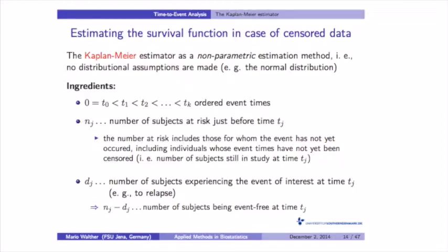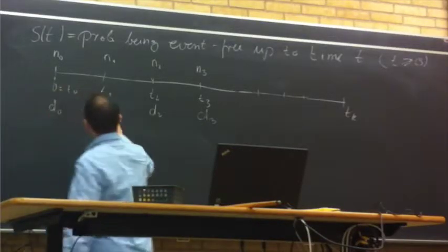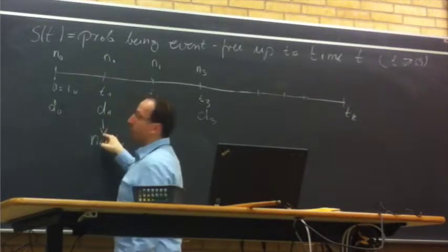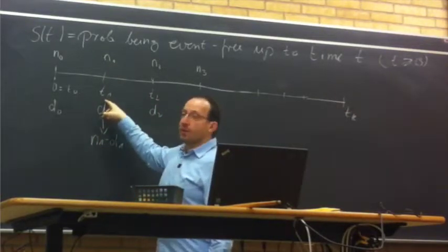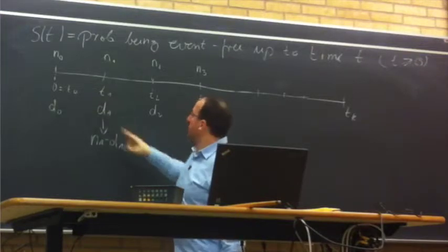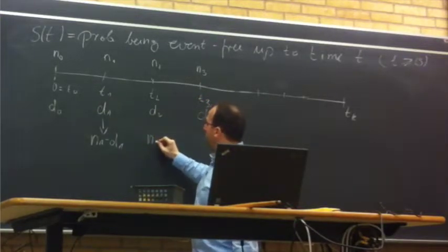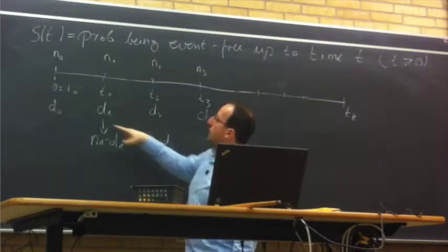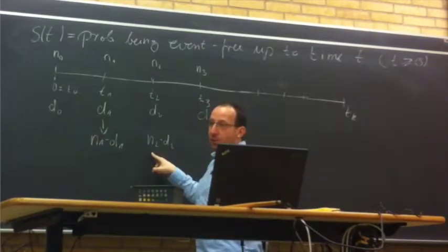So the difference of n1 and d1 is the number of subjects being event-free up to this time point. The difference of n2 and d2 is the number of subjects being event-free up to t2, or maintained in remission.